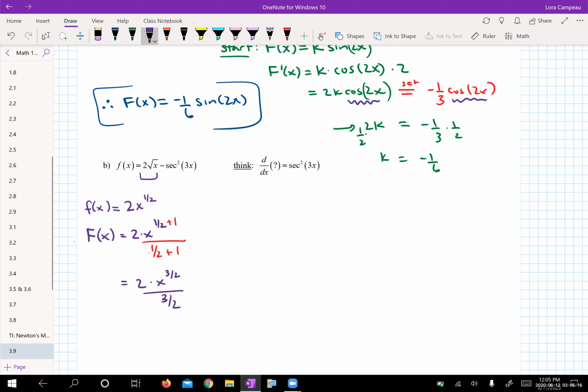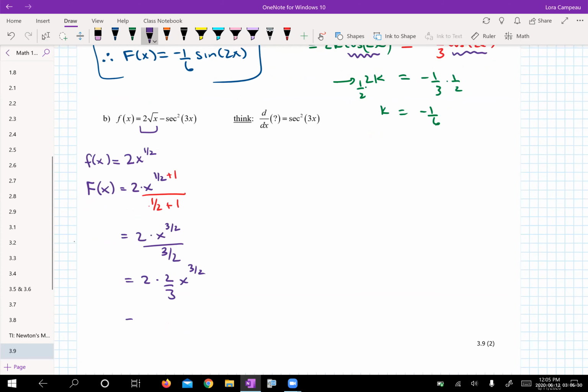And if you want to play with the math, 2 divided by 3/2 is 2 times 2/3 x to the 3/2. So that should give us 4/3 x to the 3/2 for that piece of the function. So we'll get back to that. Sometimes it's nice to just get things out of the way if you already have a formula for that.